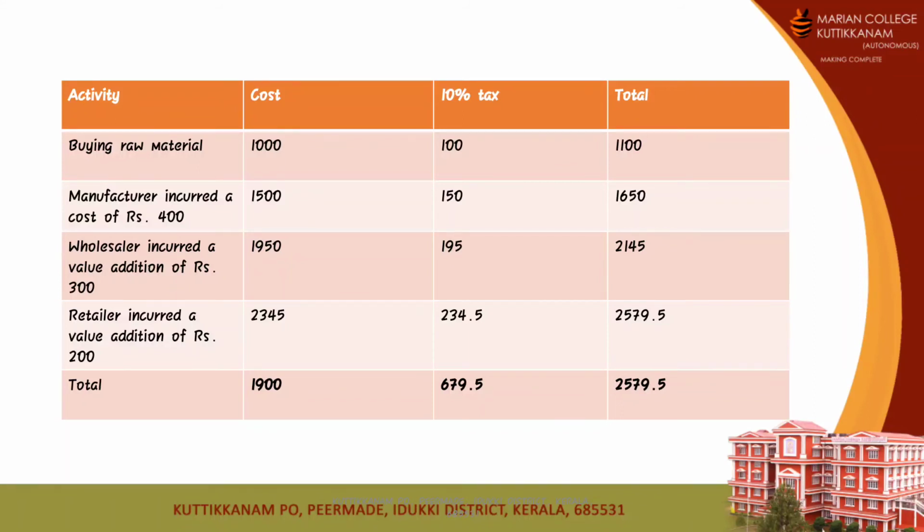When the manufacturer goes to the second stage, he incurs a cost of 400 rupees. In other words, there is a value addition of 400 rupees. He adds the cost of the product and the value addition, and now the cost of the product becomes rupees 1500. The 10% tax upon that comes to rupees 150.